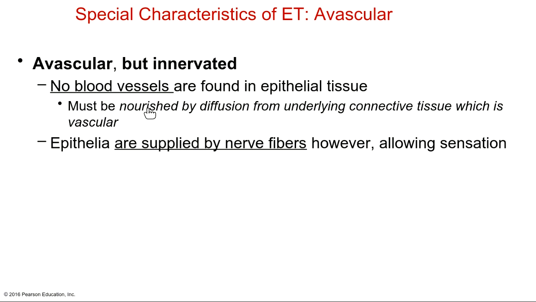Something to keep in mind with this is that blood vessels are what help transport healing chemicals to an area after injury. So if you have an injury to the skin, how do you heal from it? How do you heal the epithelial tissue if there are no blood vessels there?